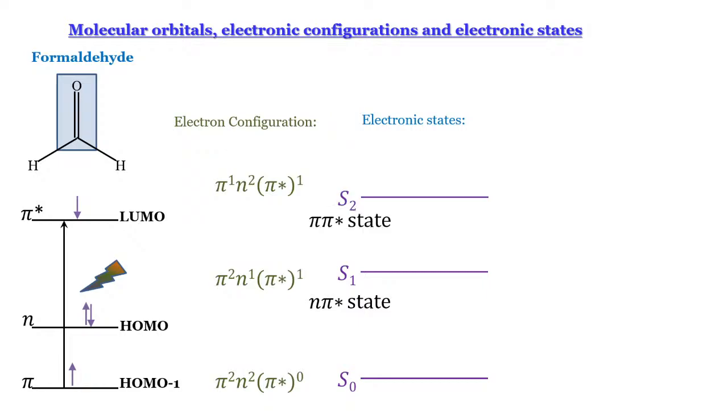This is called a pi pi star state because it has arisen out of a pi to pi star transition. Alright. And the other n pi star transition that we have talked about already takes place with a spin flip. That gives you the T1 n pi star state. So it's important to understand that S1 and T1 are n pi star states. S2 is a pi pi star state.